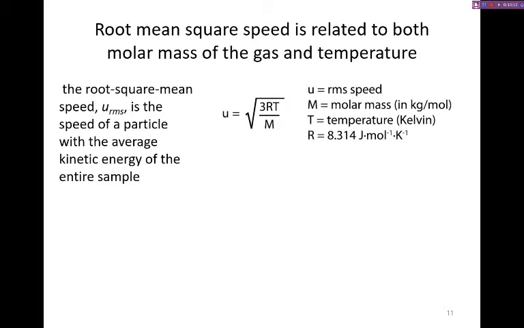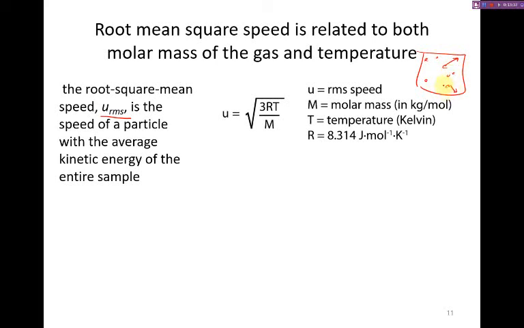So let's talk about the root mean square speed. The root mean square speed is the speed of a particle with the average kinetic energy of the entire sample. So you take your whole sample of particles. We have this box, let's just say, and there are these particles moving around in it. Some are moving fast, some are moving slowly.